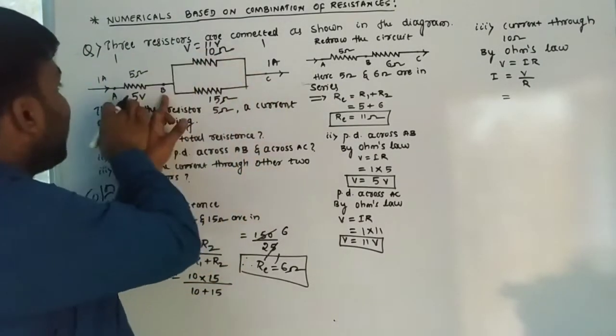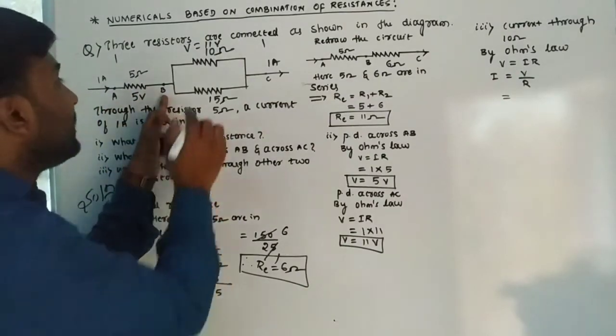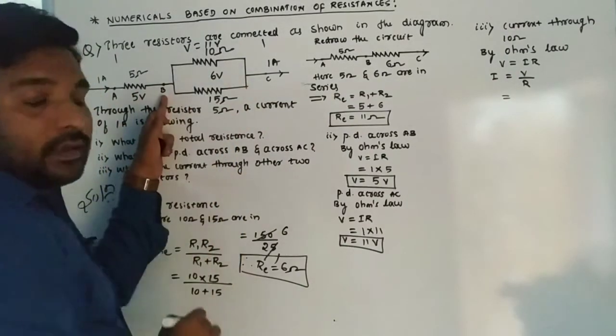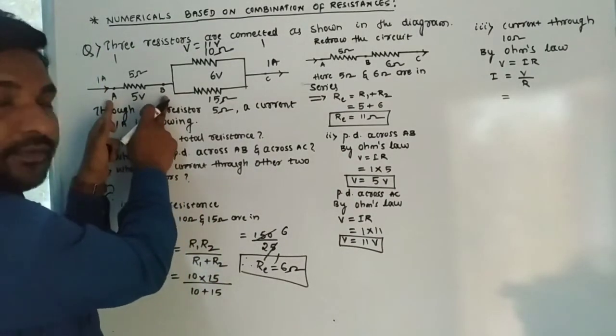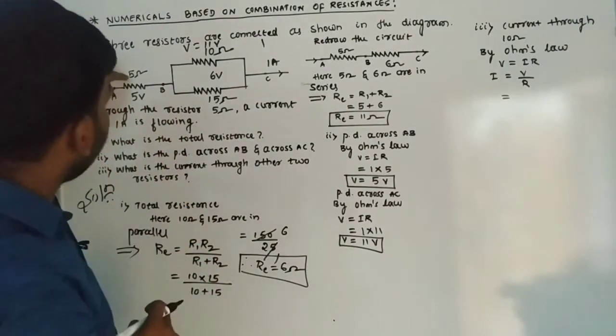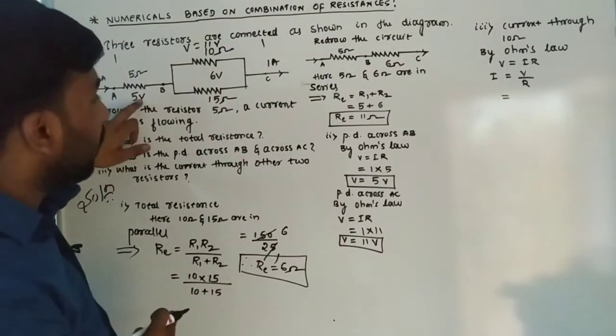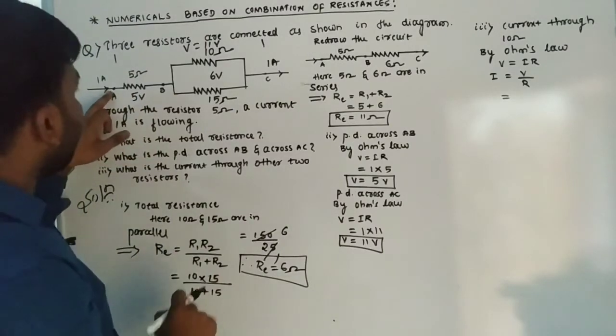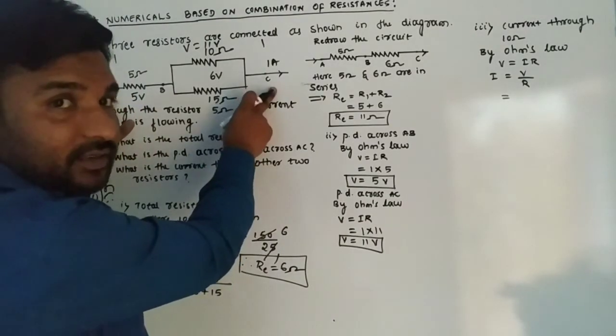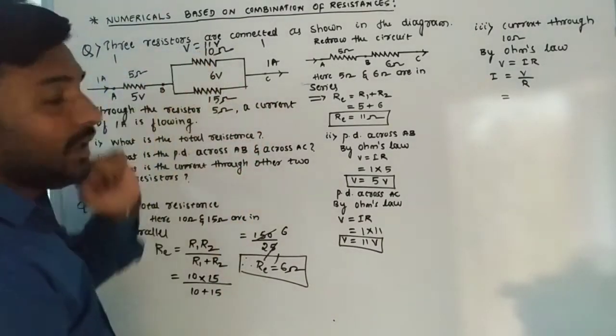Obviously, 11 minus 5, it is equal to 6 volt. Got the point? Once again, I shall repeat. The potential difference across the 5 ohm resistance we got is 5 volt. Across AC, we got 11.